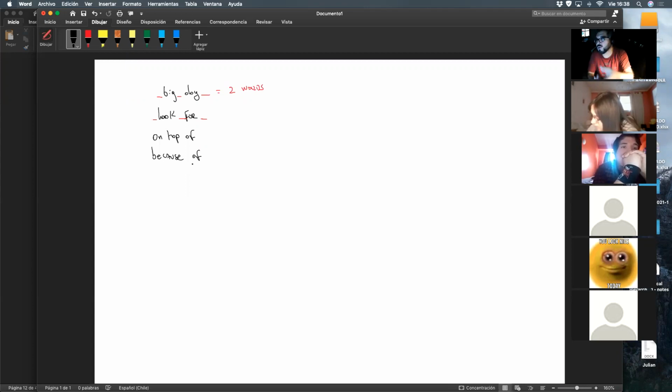They are not just a word so far, but they are considered to be one item. So for example, on top of is considered to be one item, even though it is composed of three different elements. The same with because of.